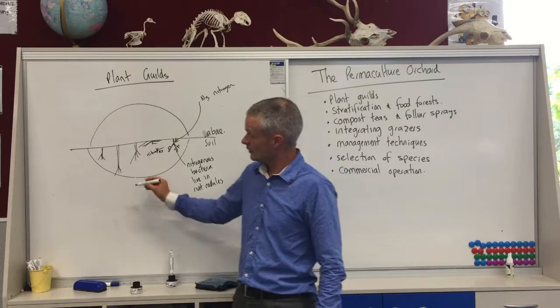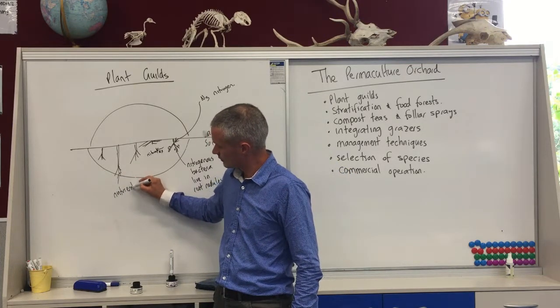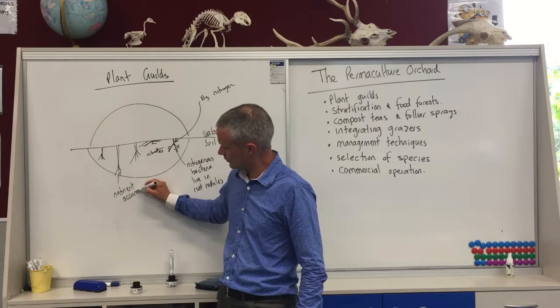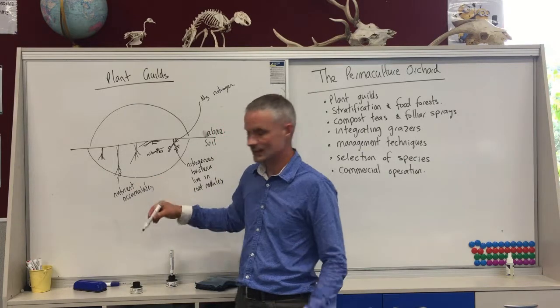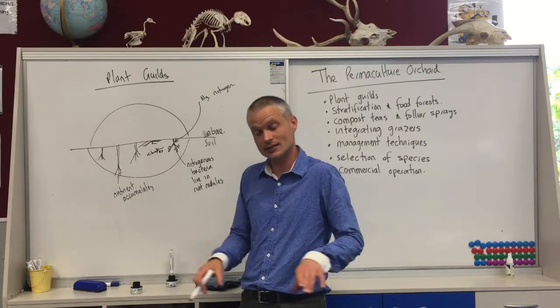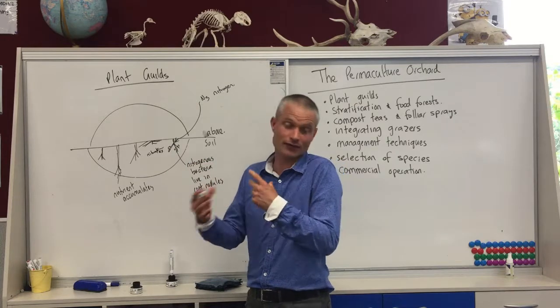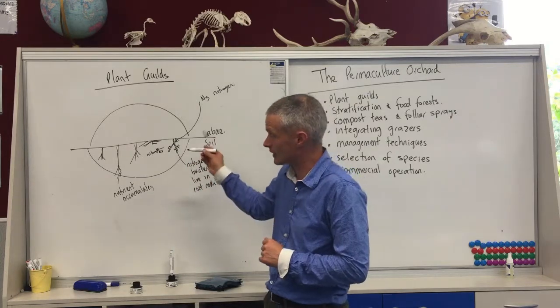take it up. You might get other plants that are nutrient accumulators. So they are good at sending down big tap roots, gathering nutrients from deeper in the subsoil layers and bringing it up to the plant to give it a competitive advantage over other plants.